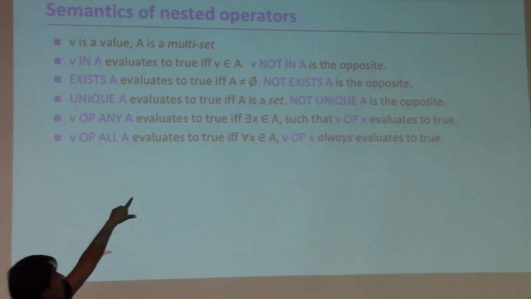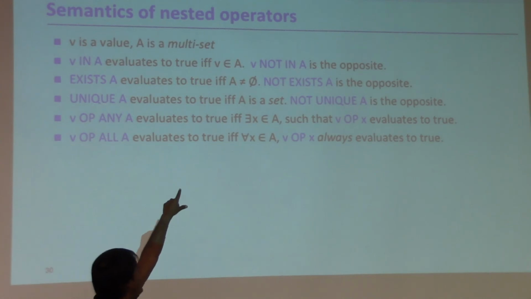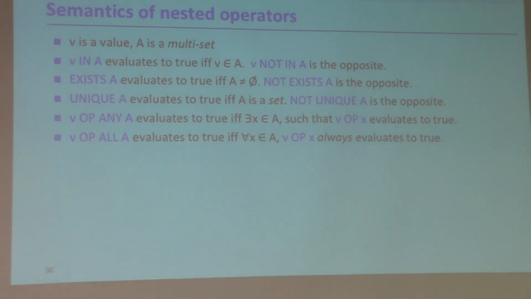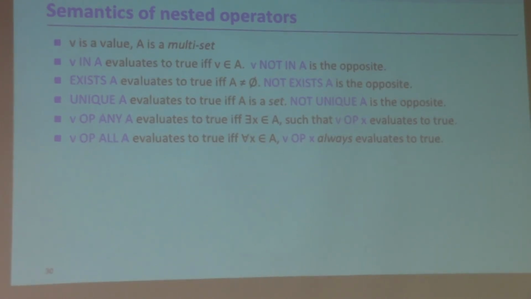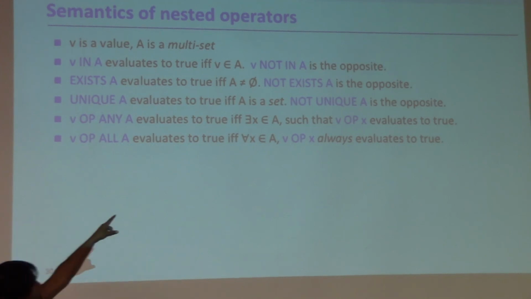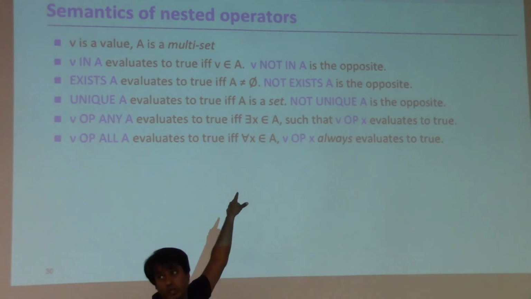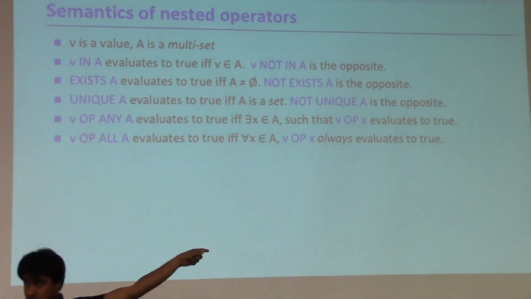Exists if and only if A is not null, otherwise I get false. Yeah, if it is not null, then I get true. And if it does not exist, that means the set is null, there is nothing in the set, that's why I get false. Unique if and only if A is a set, that set is important, that is not a multi-set, that is a set.